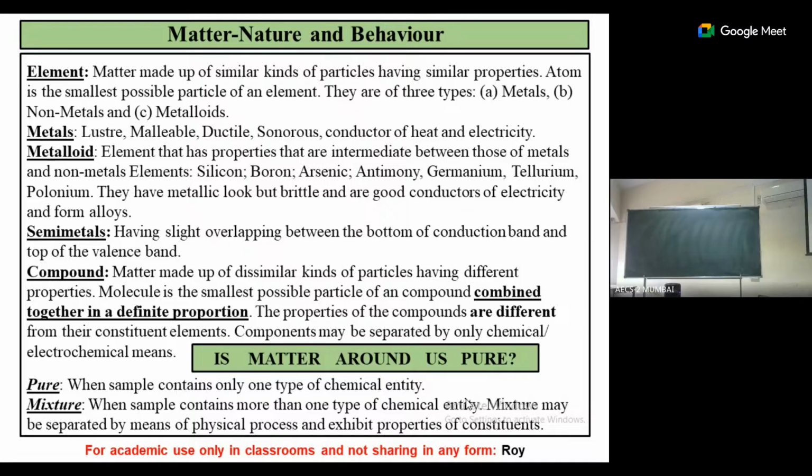When you talk about a compound, the compound doesn't reflect the properties of the components, whereas a mixture is basically the reflection of the components and the percentage of different components present in it.